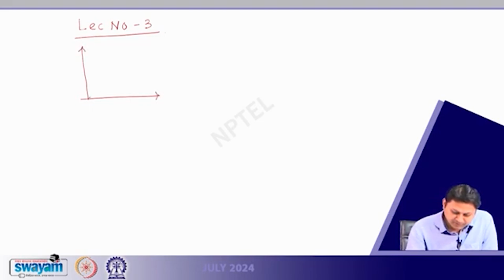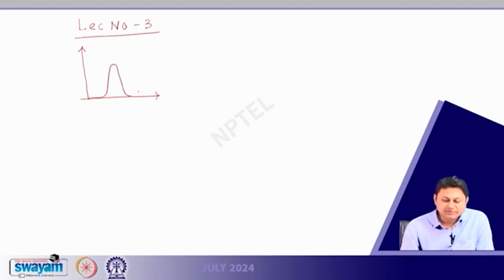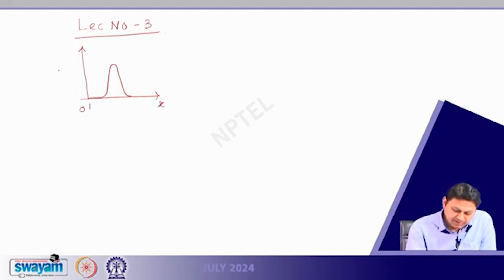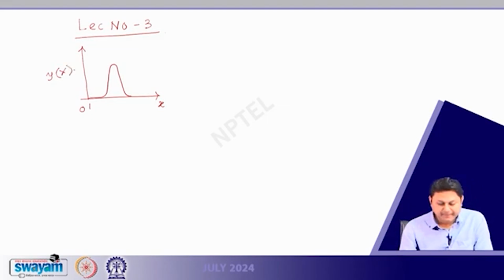Suppose for a fixed coordinate system, I have a disturbance like this, which we call wave in O prime frame. Along this direction, say this is x, and the disturbance amplitude is along this direction, y direction, and we write y as a function of x.